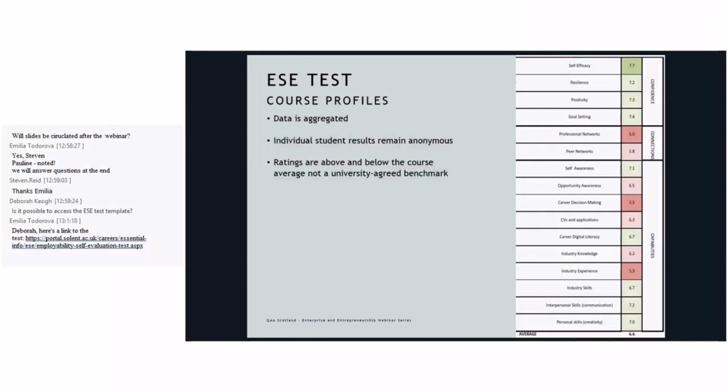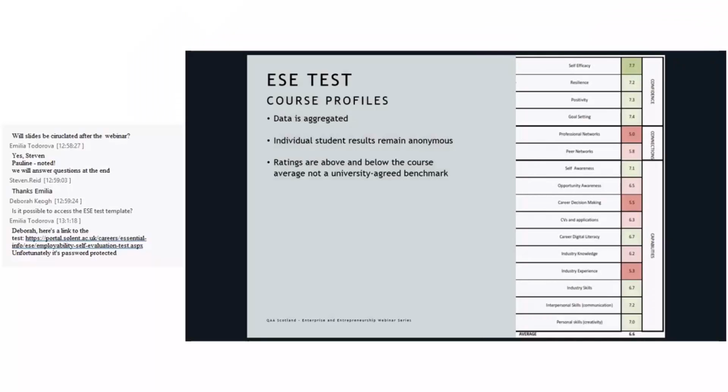So that's a fairly typical thing that will come out there. Students are assessing themselves quite positively on the confidence scores, and again, industry experience is something that students might be wanting to get more of.